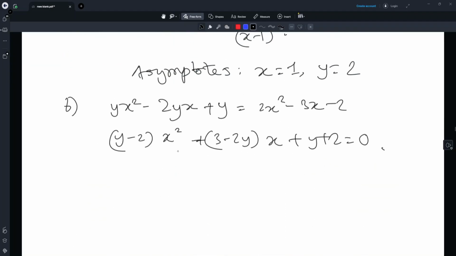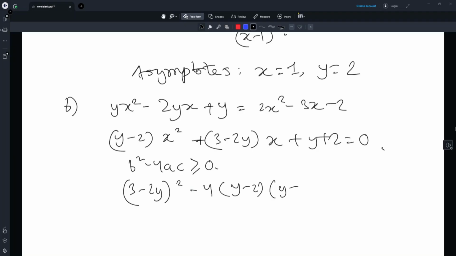So for that, because I want to always have a solution, b square minus 4ac is greater than or equal to 0. So we have 3 minus 2y whole square minus 4 y minus 2 into y plus 2 is greater than or equal to 0.